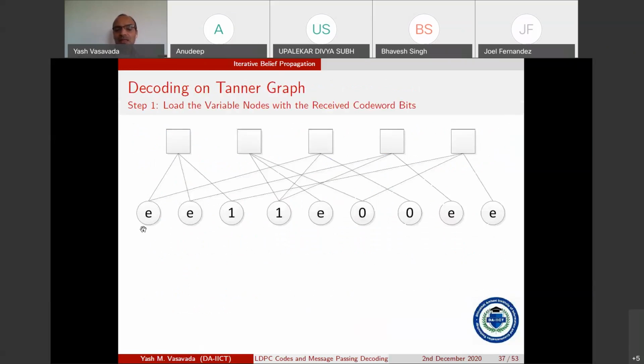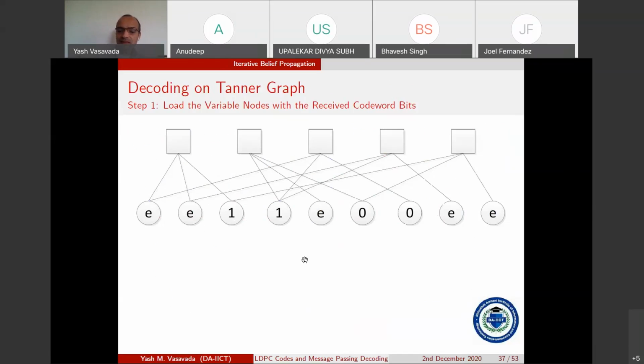The variable nodes will get loaded with, in this case, I'm just looking at the hard decision decoding first, whether the bit is 1 or erased. That's why it's called a variable node. These initial values will be a variable. And now, instead of doing the row by row and column by column, we'll do message passing on this graph.